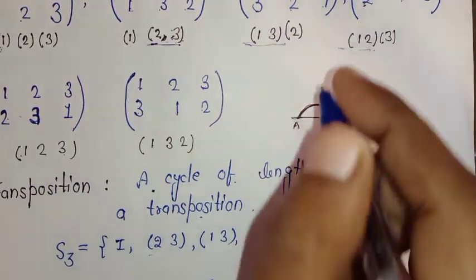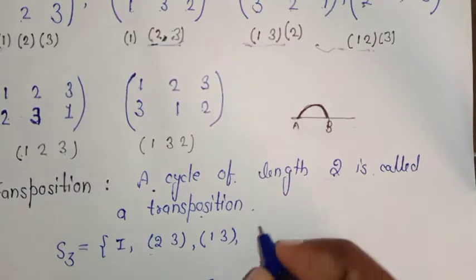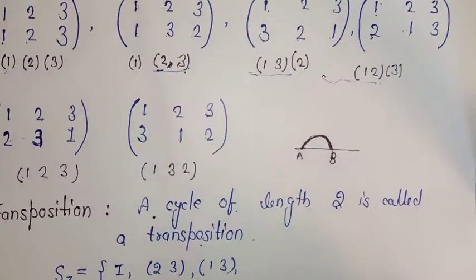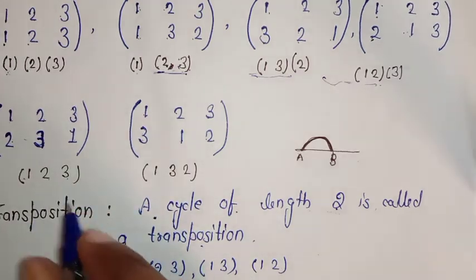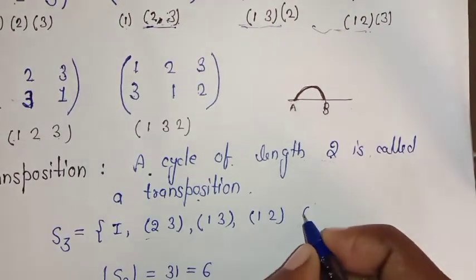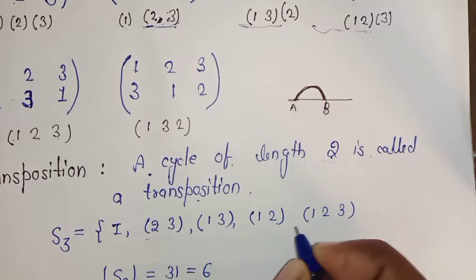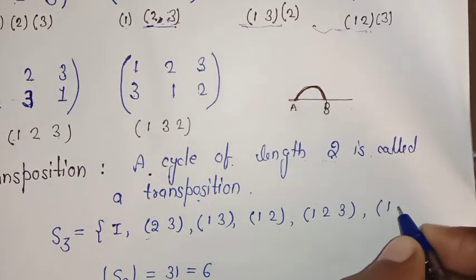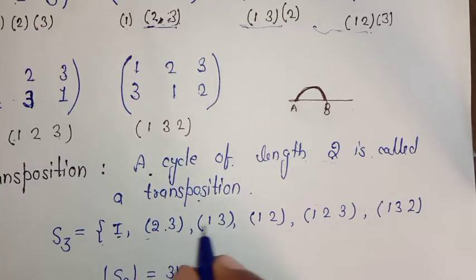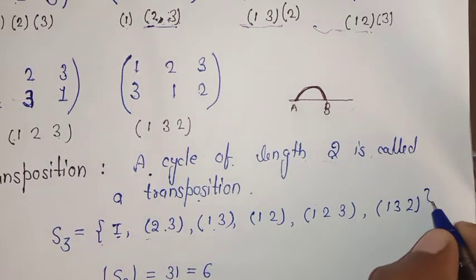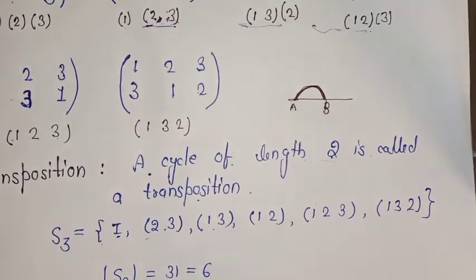And the fourth element is (1 2). Now this one is (1 2 3). And the last one is (1 3 2). So now you can see that 1, 2, 3, 4, 5, 6 elements are present in this group.